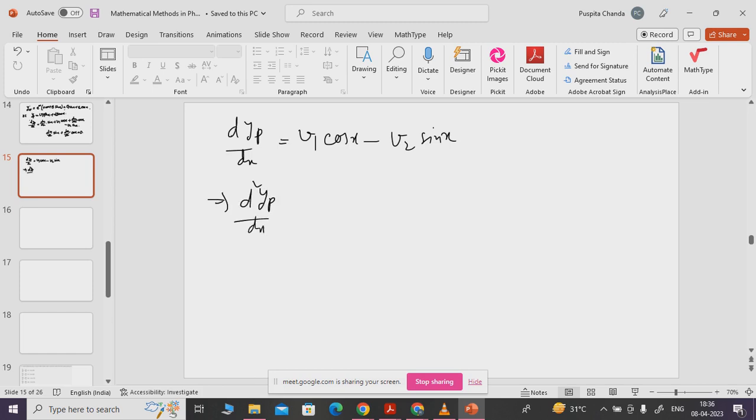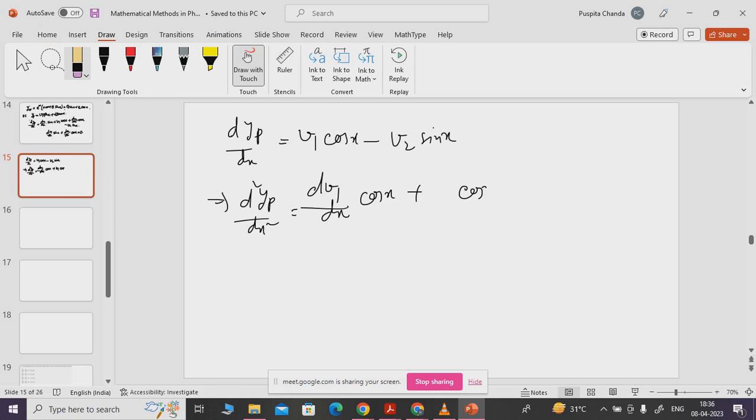Again we need d2yp dx square, so again differentiation: dv1 dx cos x plus v1 cos x... it will be cos x, here it will be v1 sin x minus dv2 dx sin x minus v2 cos x.